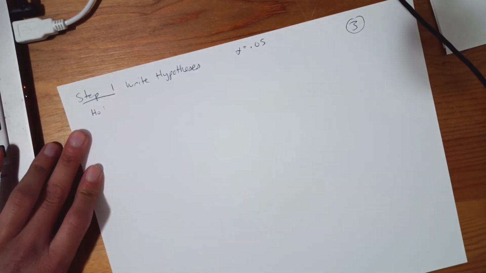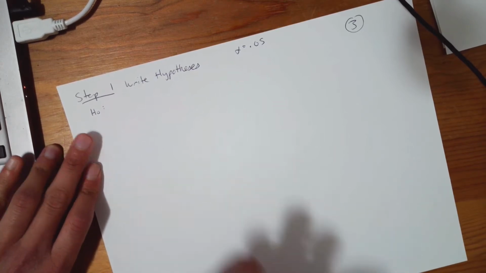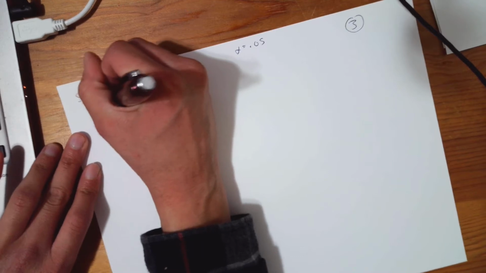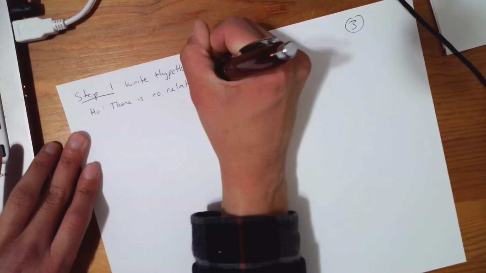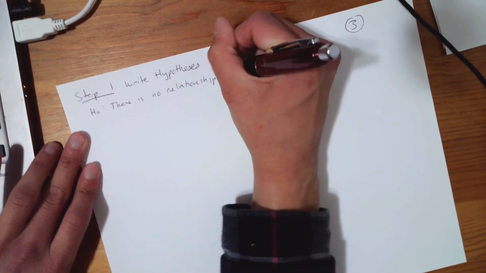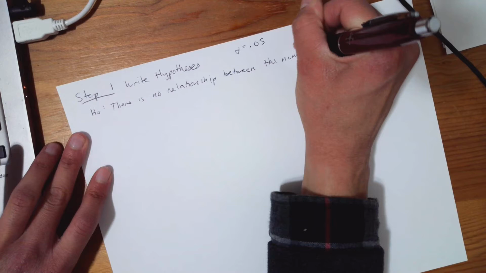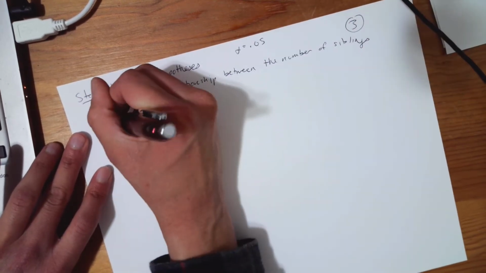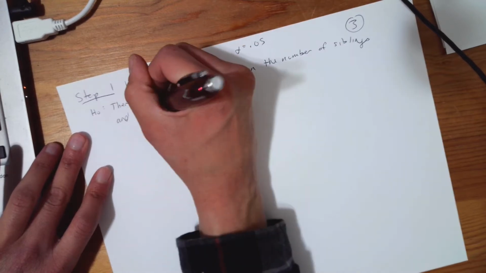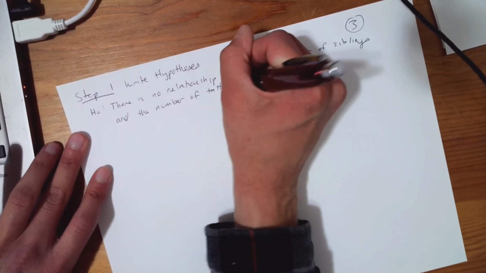Your null hypothesis is that there is no relationship between two variables. And for this example, I'm going to use the siblings and tattoos. So our null hypothesis is that there is no relationship between the number of siblings and the number of tattoos that people have.